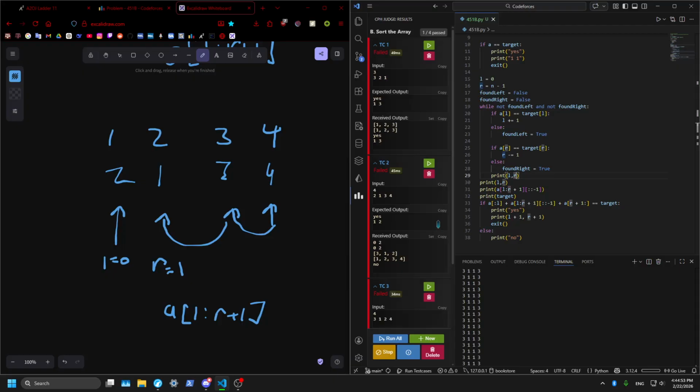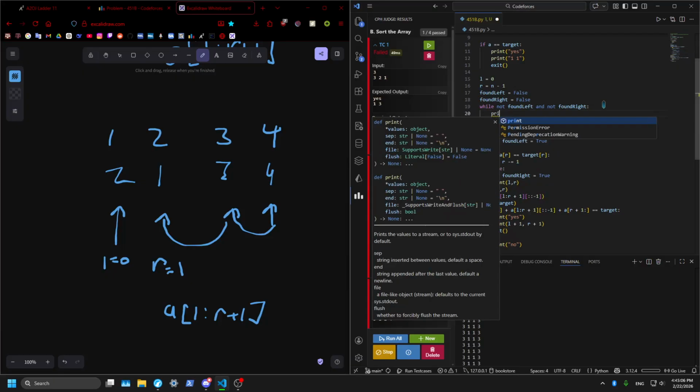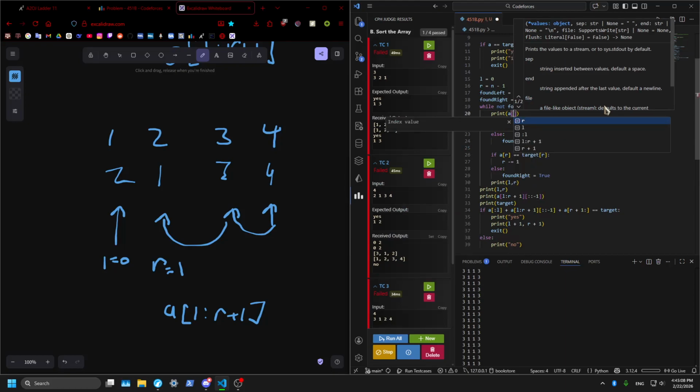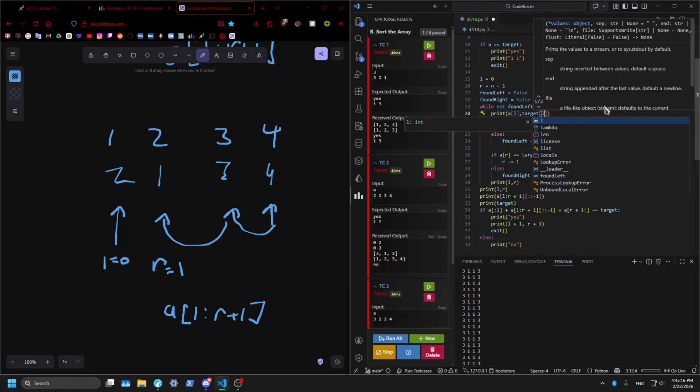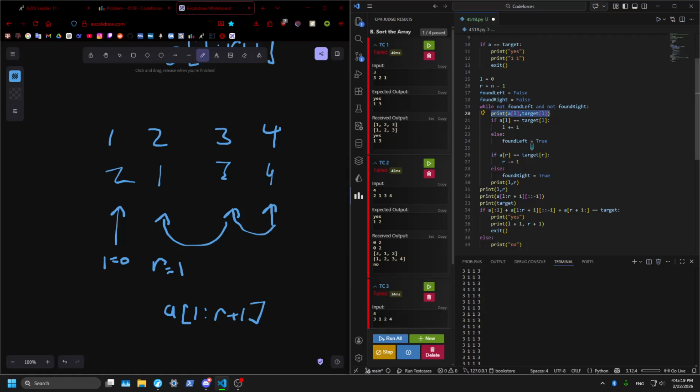Zero, 2. L, target L. A R, target R. 2, 1.